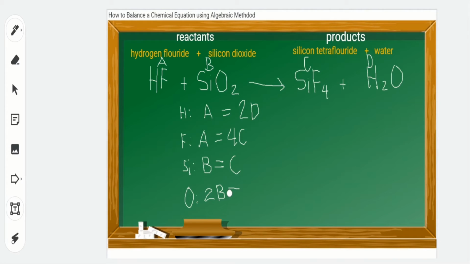And of course, it is equal to sa ating product side. Ito siya, isa lang. So, it is equal to simply D.